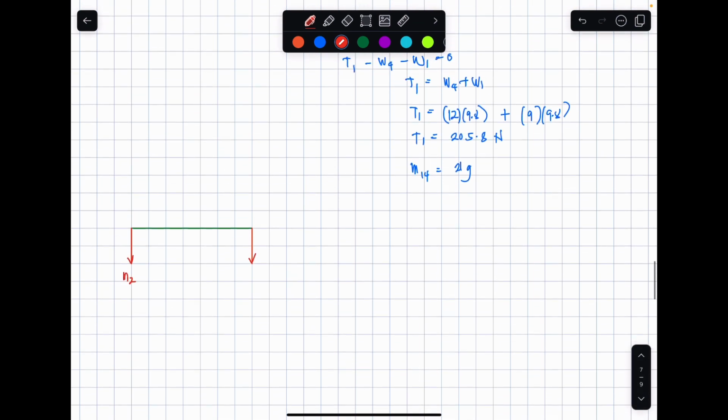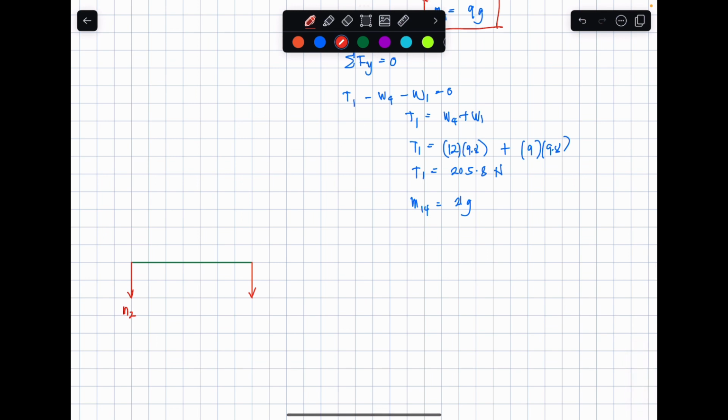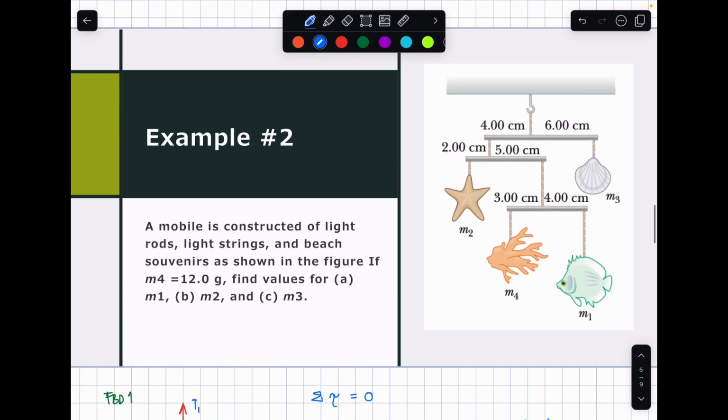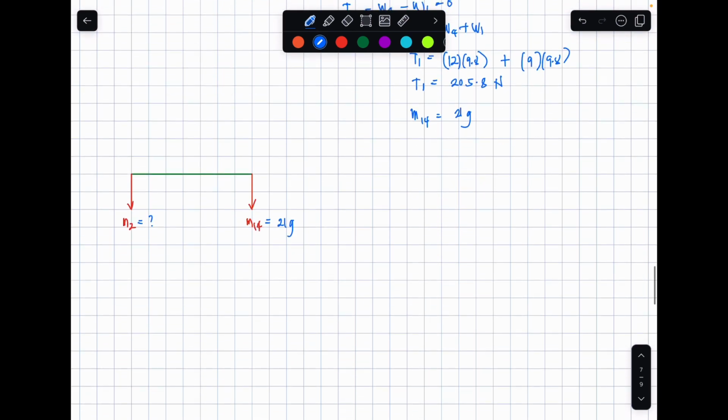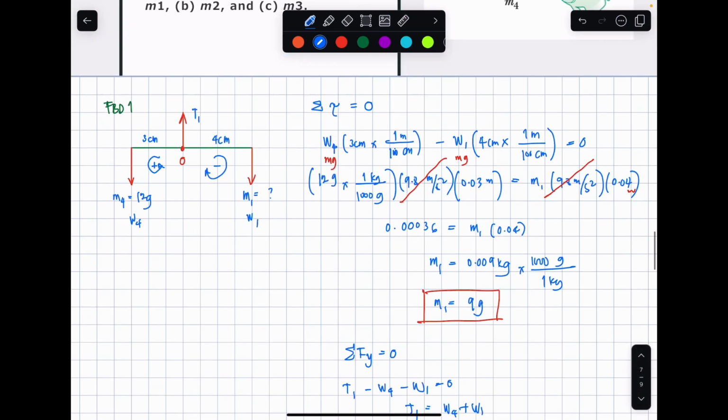So this is M14, M2 is unknown, and M14 is given, which is 21 grams. And then we have given the tension 2. So this is 2 centimeters and this is 5 centimeters.